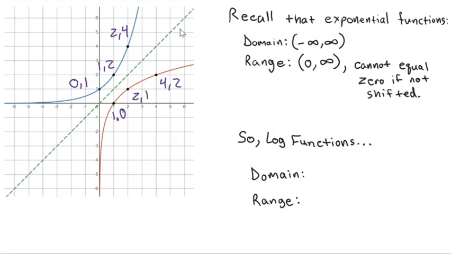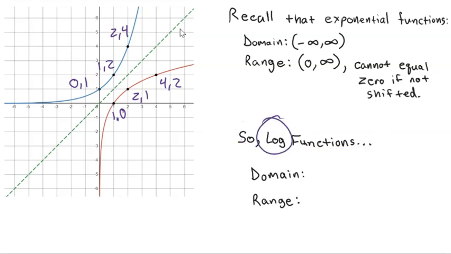And I want you to recall that the domain of an exponential function is negative infinity to positive infinity. And the range of an exponential function is from 0 to infinity. Remember that an exponential function cannot equal 0 unless you shift it. And so for log functions, when we do the inverse, the domain and range actually switch places.